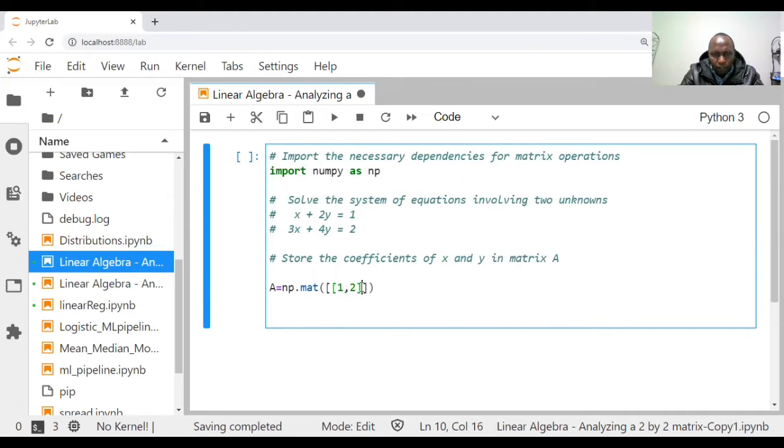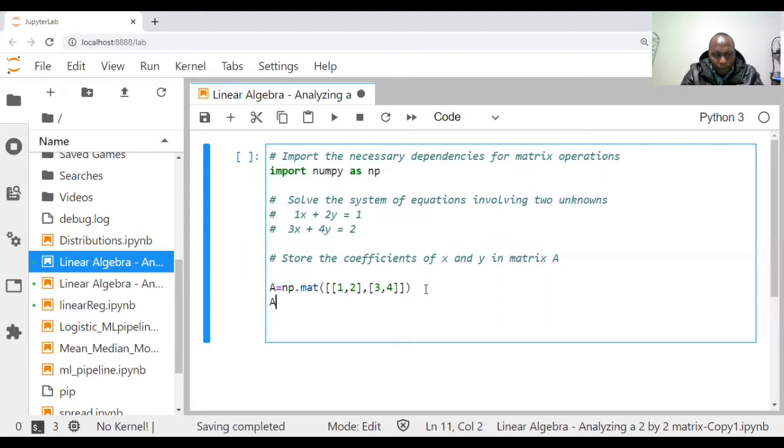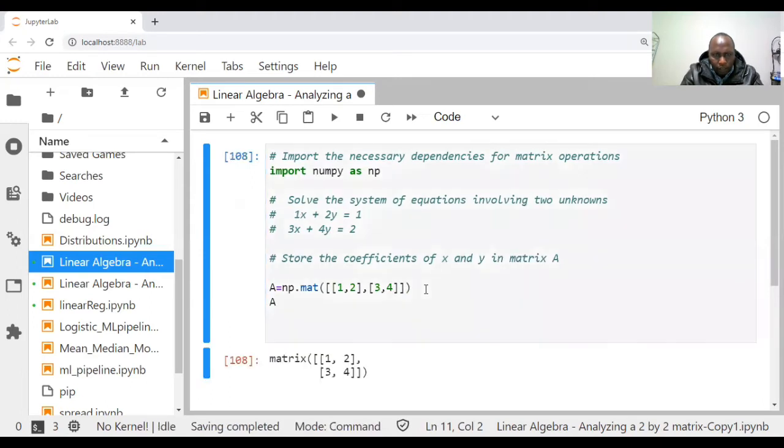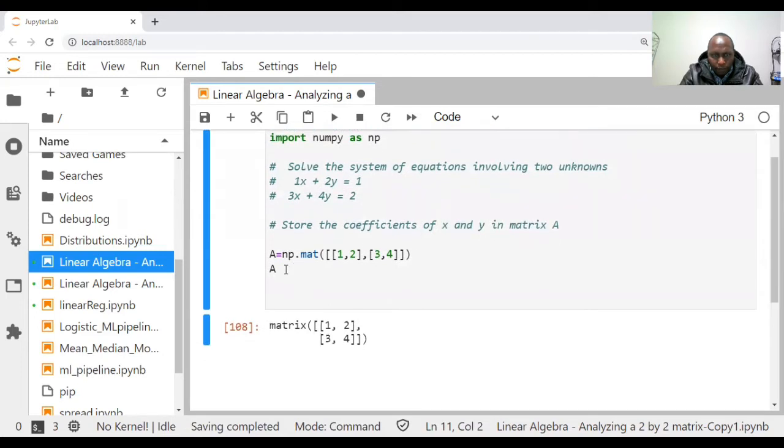It consists of the elements 1 and 2. Notice that those are the coefficients of x and y in the first row. The second row consists of the coefficients 3 and 4. As you can see, those are the coefficients. And next, we're going to type A to just make sure that we have stored this correctly. And it shows that matrix A has been stored correctly.